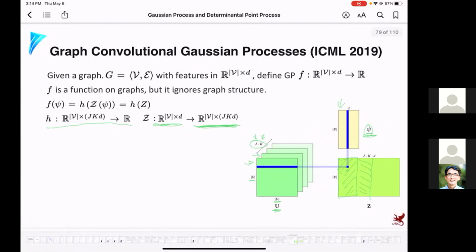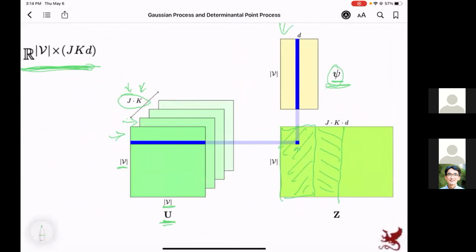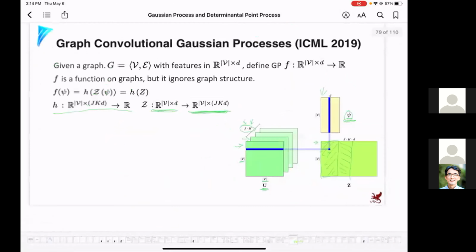So from there, we can define our F, the Gaussian process on this Z, and then it will be a standard Gaussian process because each row here is the input X, and each Y is a corresponding real value we want to regress, right?